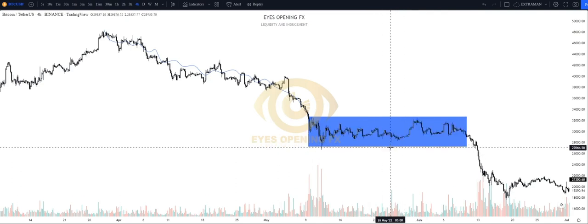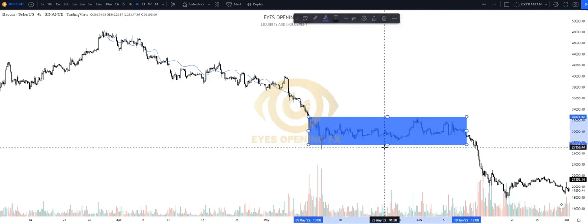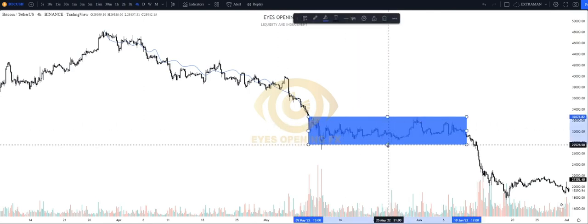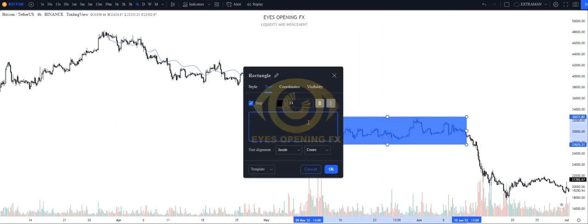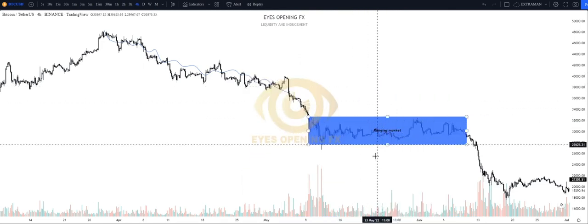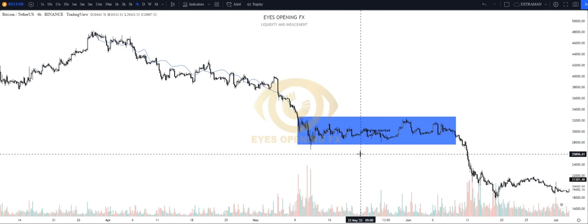The market was trapped within this range. So that means this is what we call a ranging market. If this is a ranging market, after a ranging market the next thing is a trending market.